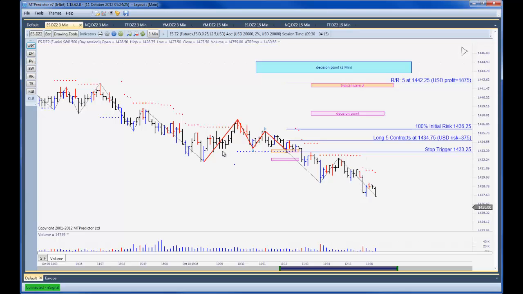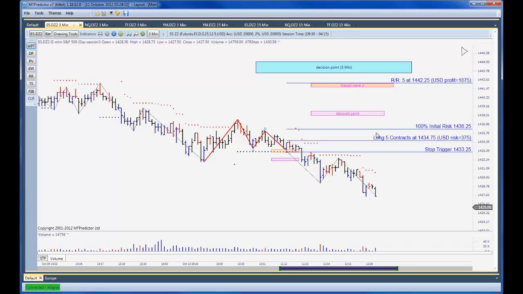We know from prior experience that if Holy Grail trade setups like these unfold as anticipated, we get profits that are large. In this case, we're anticipating at least a 5R profit. But we also know that when the market does not unfold as anticipated, and this is a very, very important lesson, markets do not always unfold as anticipated. And here is one of those occasions.